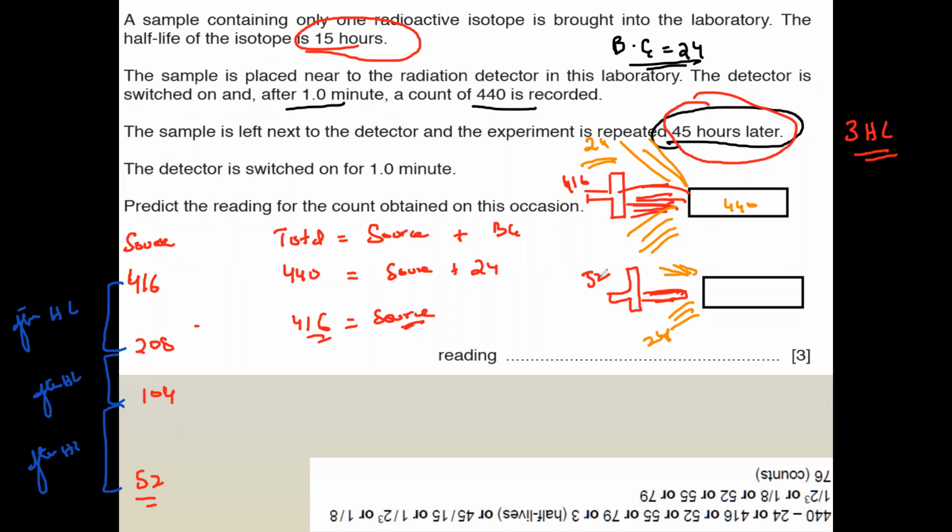So 52 from the source and 24 from the background. The reading on the detector is 52 plus 24, which equals 76.